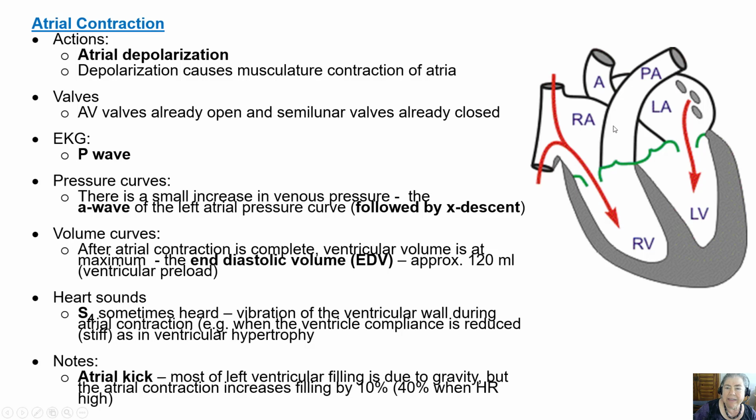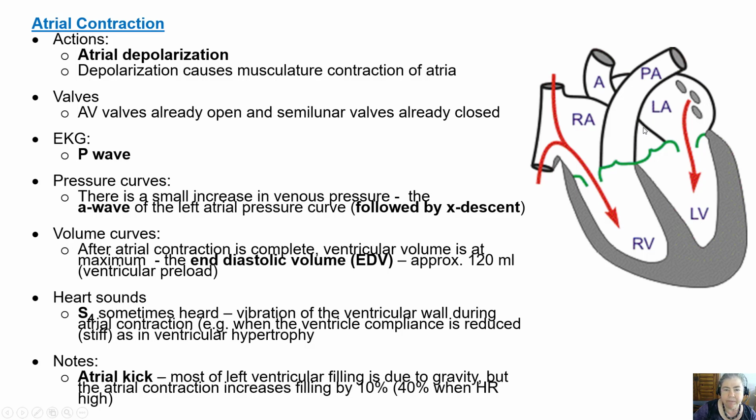There's also a little increase in pressure in the jugular vein, so venous pressure, because it's transmitted backwards. There is no valve between the vena cava and the right atrium, and that is called the A wave. There's also a little increase in pressure in the left atrium.